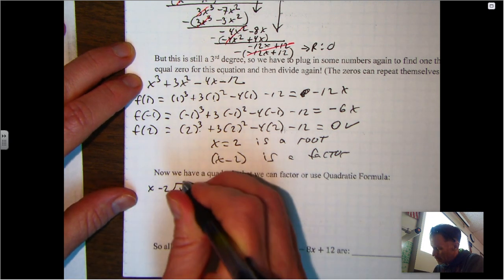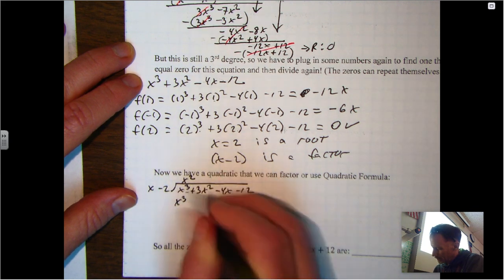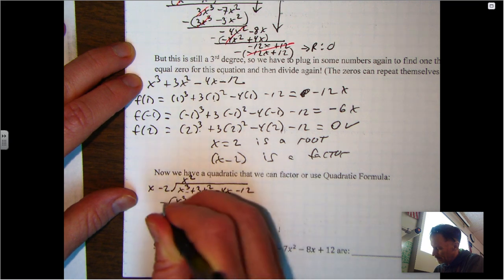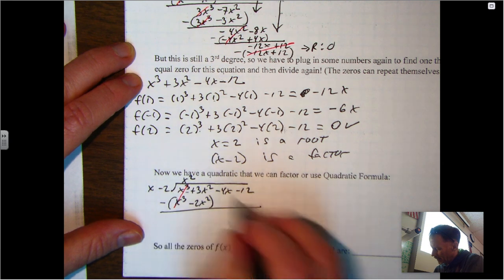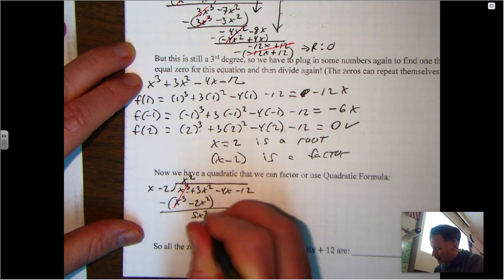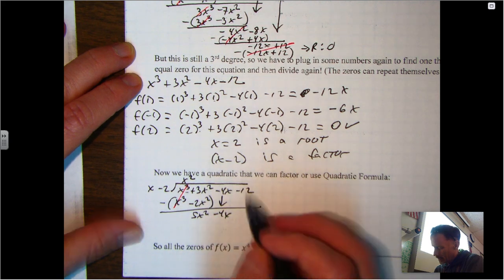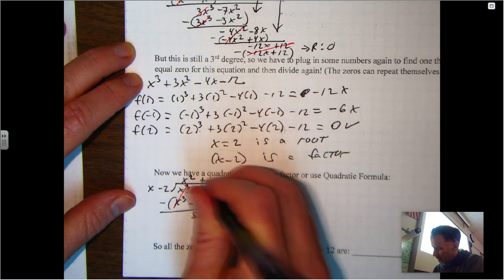So x and x cubed, distribute. That'd be 5x squared. Bring that down. X into 5x squared.